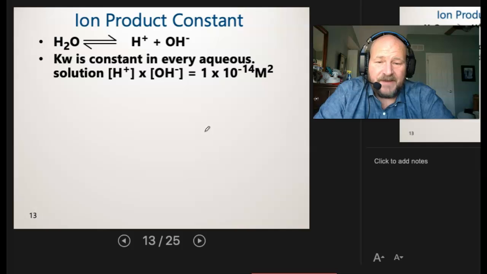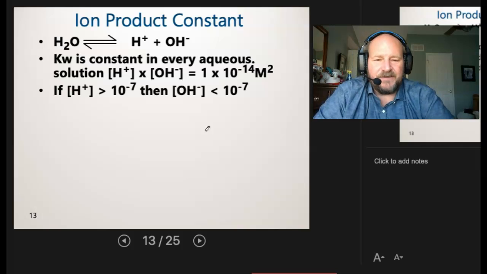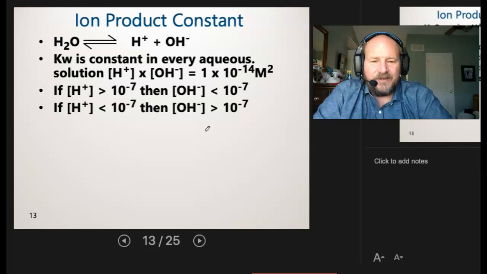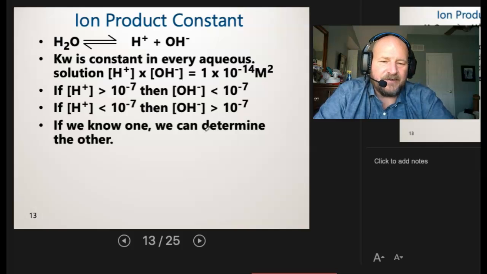That means if H plus goes up, what has to happen? Right, OH minus has to go down. We've seen this relationship a few other times in chemistry. So if the concentration of H plus goes up, then the concentration of OH minus has to go down. If the H plus goes down, the OH has to go up. And as long as we know one, we can always determine the other.